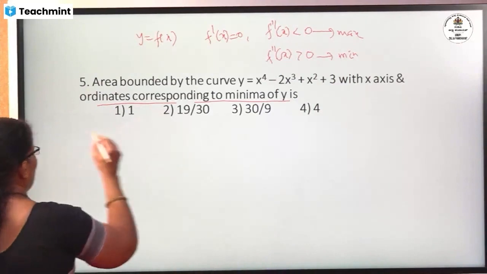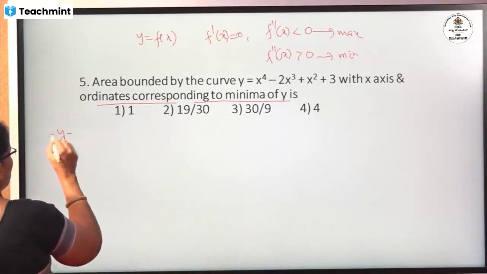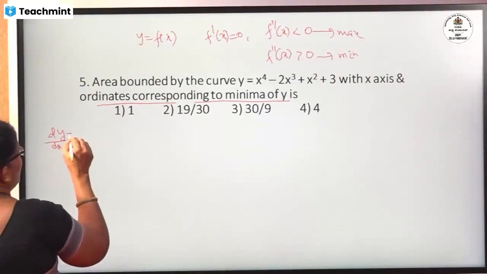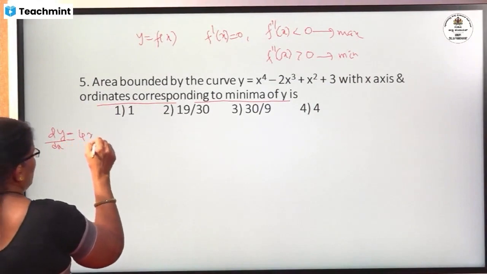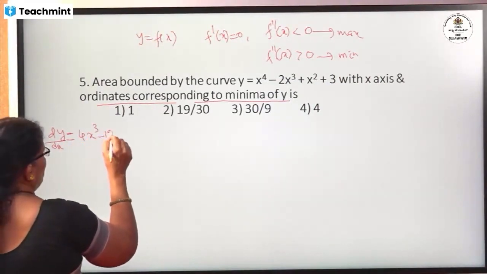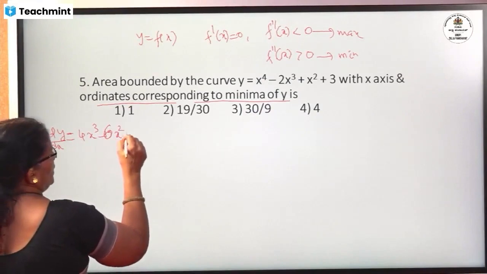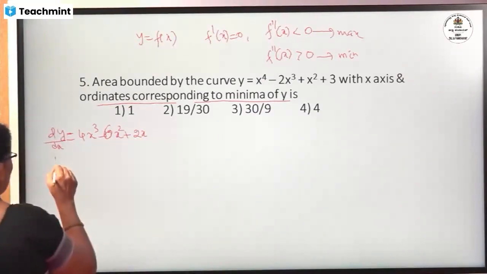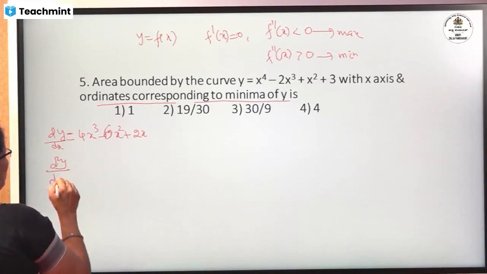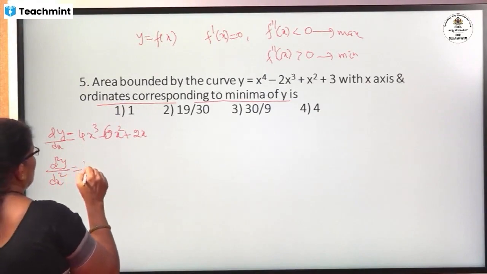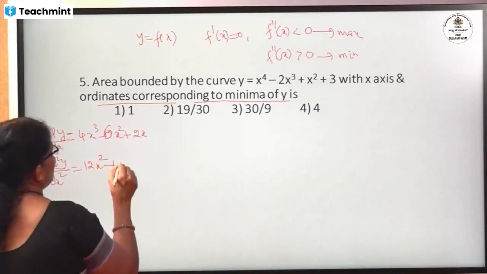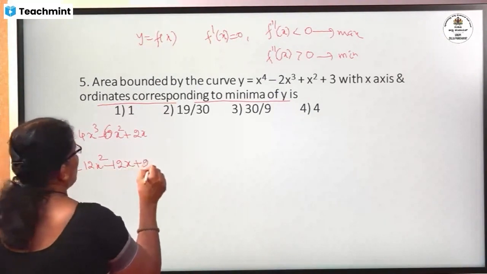So let us take y = x^4 - 2x^3 + x^2 + 3. So dy/dx is what? 4x^3 - 6x^2 + 2x. What is d^2y/dx^2? 12x^2 - 12x + 2.